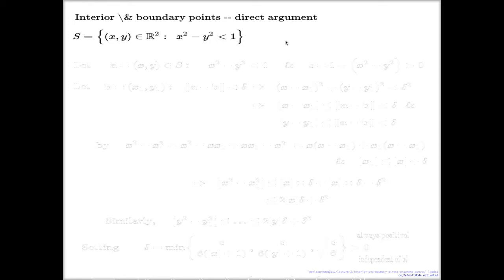It's again about the interior and boundary points. We need to find the interior and boundary points for this set. Yeah, and it's a direct argument. There will be another argument, which I call indirect argument, a little bit later. But first, I'd like to discuss the direct argument.